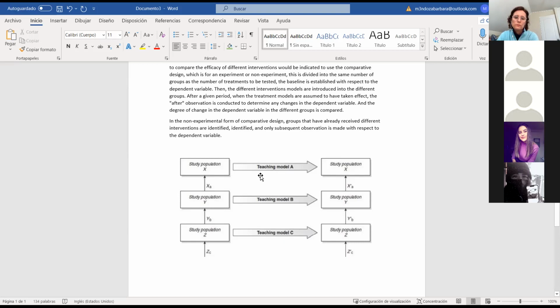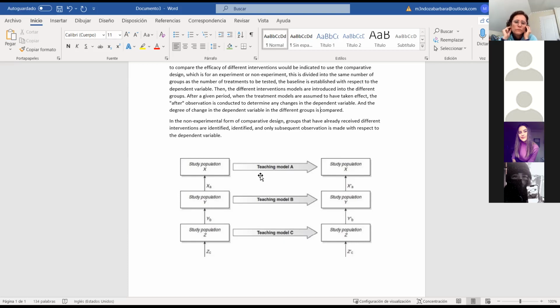And then they have conclusions from the observations. And you can compare different dependent variables. Yes, because you're going to have different results, and you can decide on that.